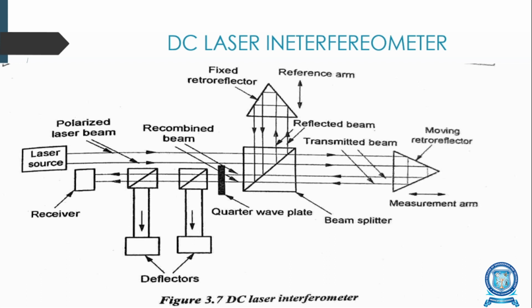These two beams are differently polarized and do not interfere. The recombined beam then passes through a quarter wave plate, which causes the two beams to interfere with one another to produce a beam of plane polarized light.